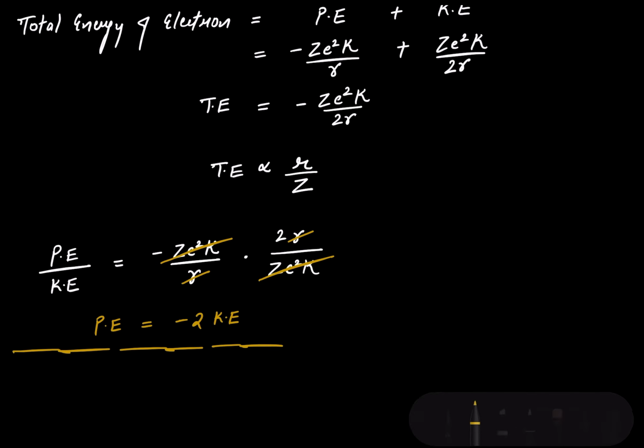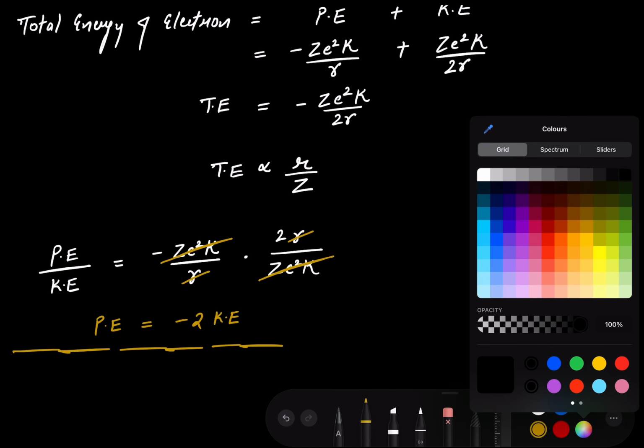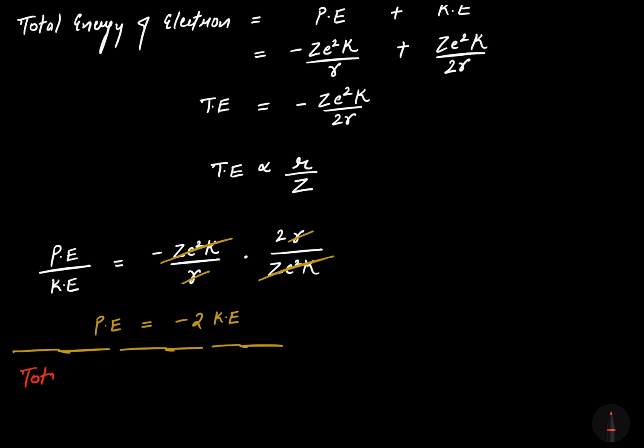So now let's talk about total energy again. I am writing again the total energy of electron. It comes out to be again potential energy plus kinetic energy.